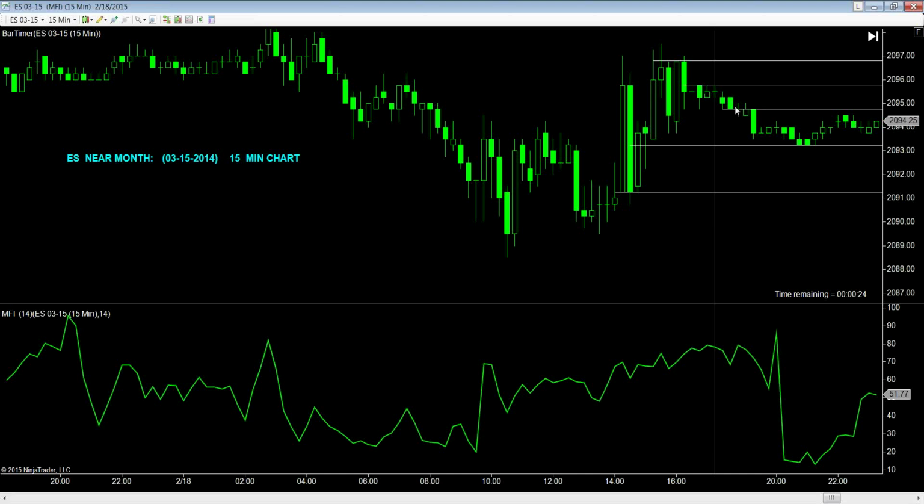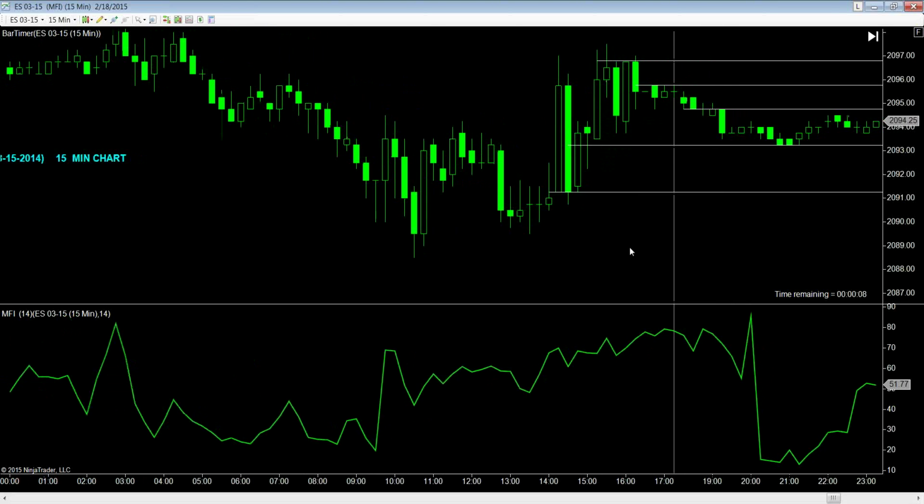So if I trade long, I know I'm trading into resistance based on the chart pattern isolation from here, drawn from here, and drawn from here as well. Very simple to see, very straightforward, all based off of the chart pattern in isolation.